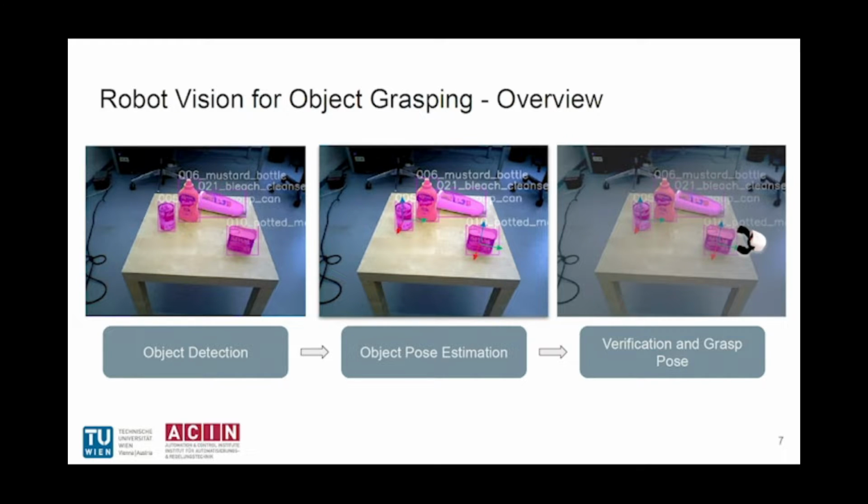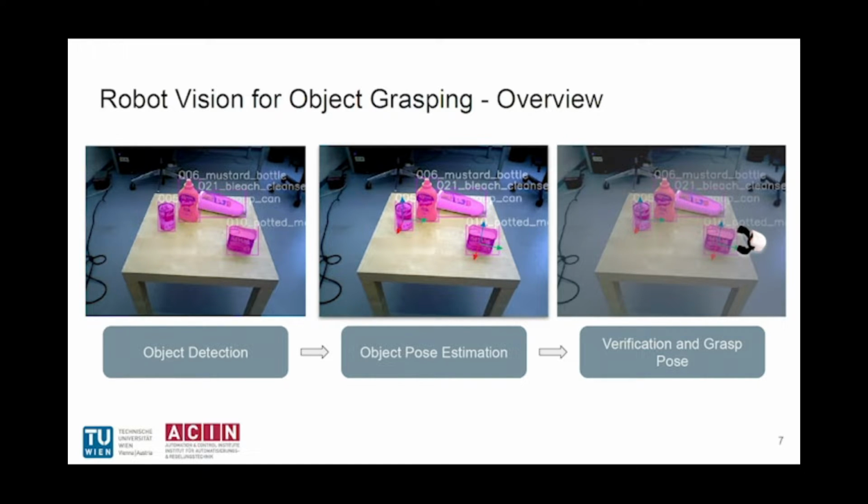So the typical pipeline that we follow for such kind of tasks is to first detect the object, of course. Once you have a detection of the object, that can be either just a bounding box around it, or even, as you can see here, a mask where every pixel of the object is colored accordingly.